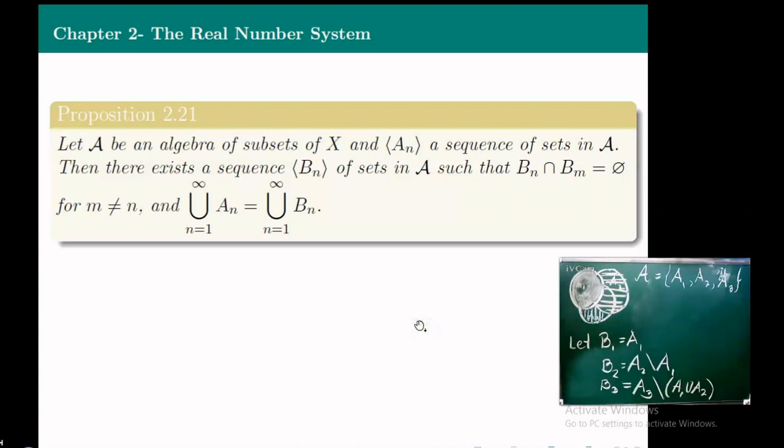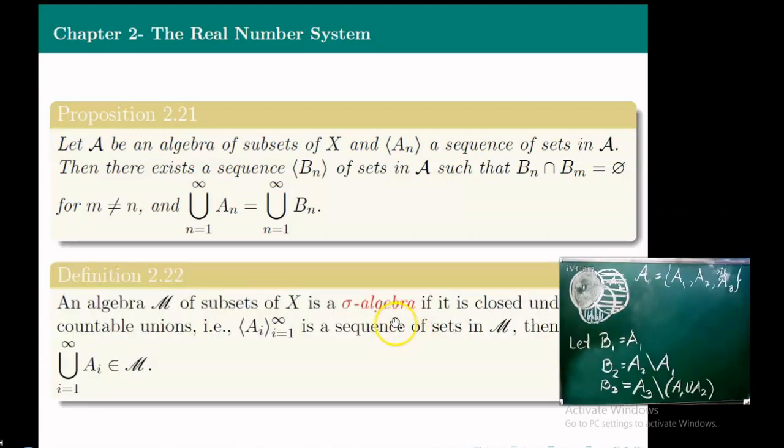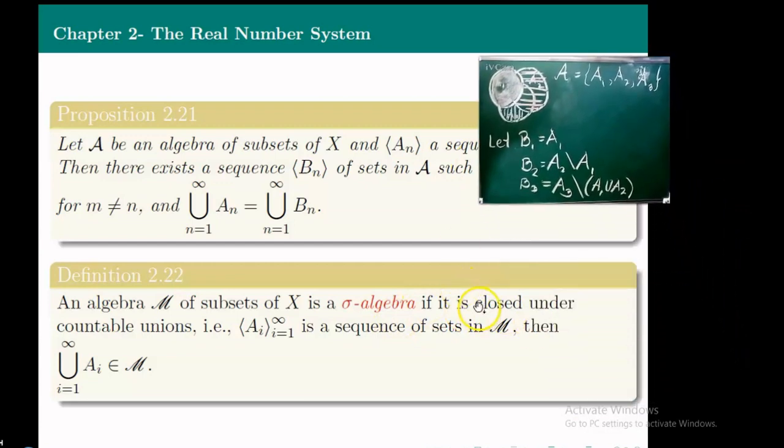Now let's proceed to this definition here. An algebra script M of subsets of X is a sigma algebra if it is closed under countable unions. That is, if this is a sequence of sets in script M, then the countable union of the sequence must be in script M. Now take note, script M is an algebra.